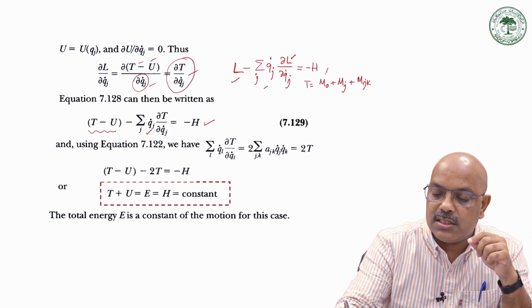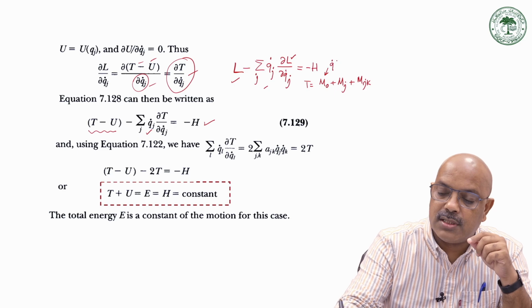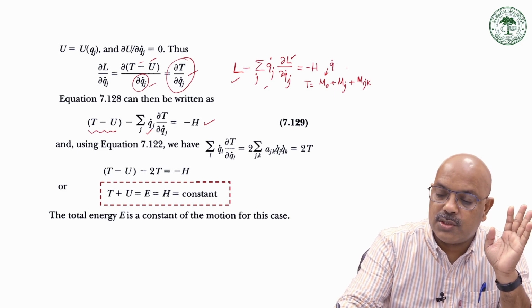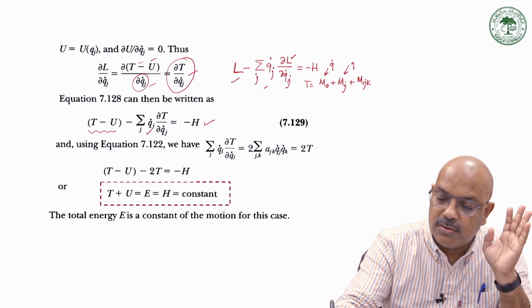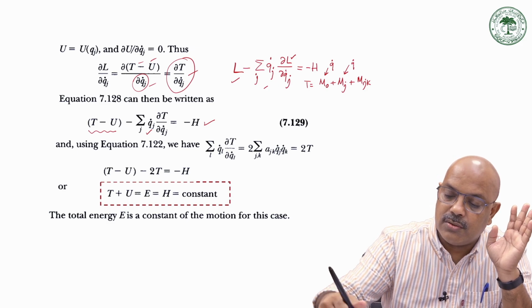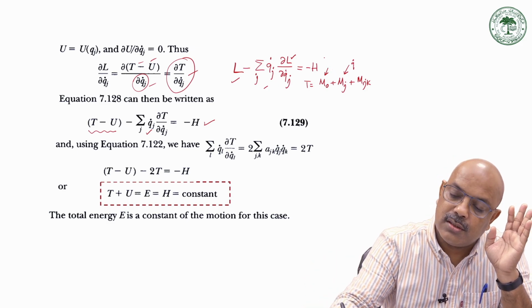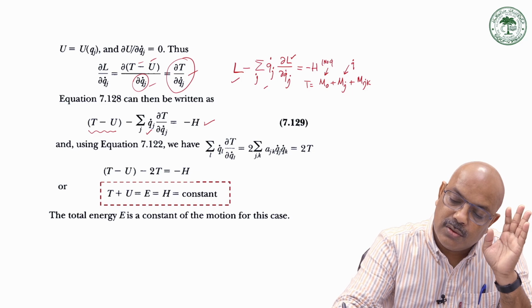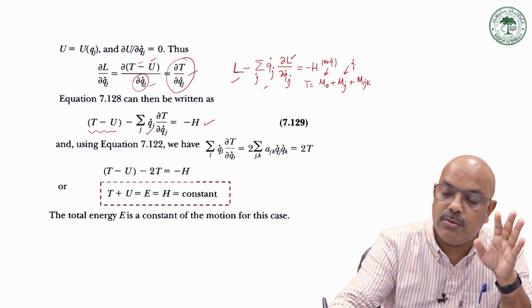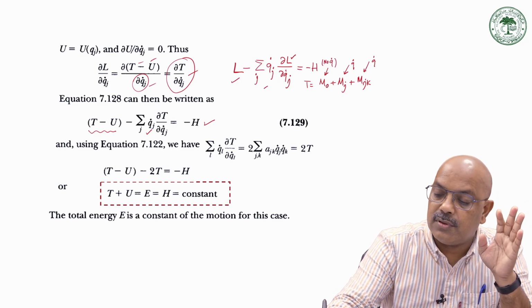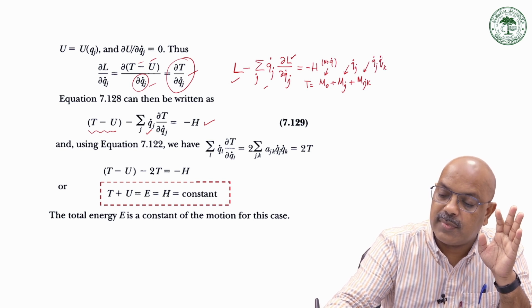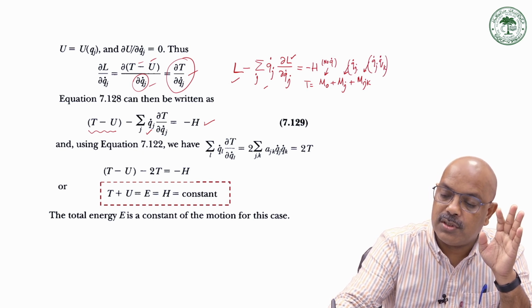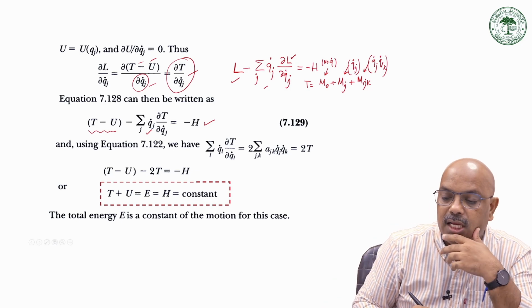One is independent of q̇, so there is no q̇ term. Another has one q̇, and then you have two q̇ quadratic terms in q̇.